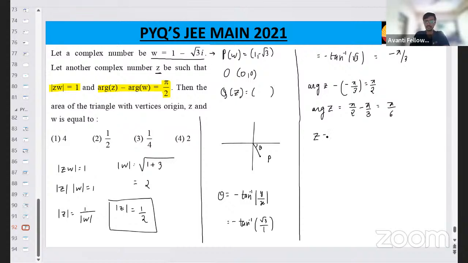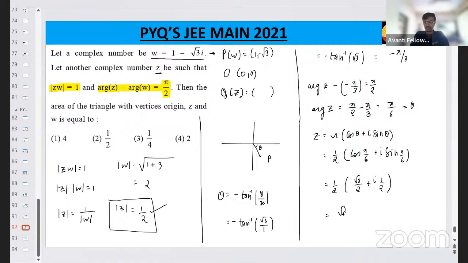What is the value of Z? Z आ गया r into cos theta plus i sin theta. Correct? Theta क्या अपना pi by 6 and r is modulus of Z, which is 1 by 2. So 1 by 2 into cos pi by 6 plus i sin pi by 6. Cos 30 is root 3 by 2 plus i into 1 by 2.